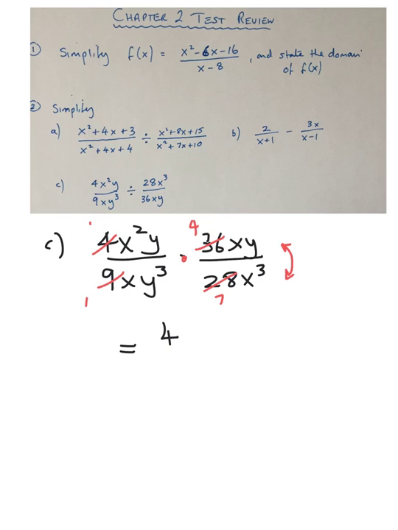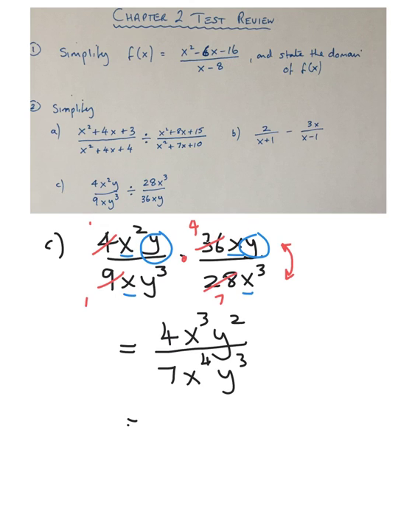x squared times x, x cubed on top, so that's this one and that one, and then y times y is y squared, all over. On the bottom we've got 1 times 7, 7, and then x times x cubed, which is x to the 4th, and then we've just got y cubed on its own.